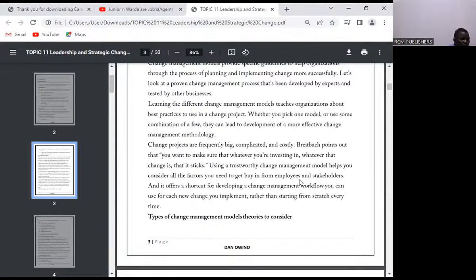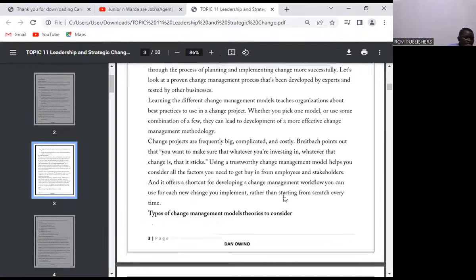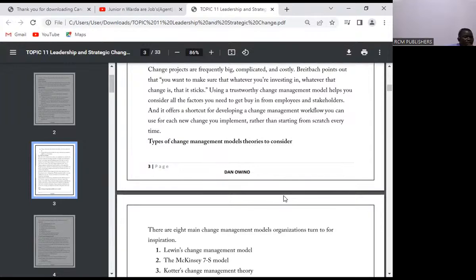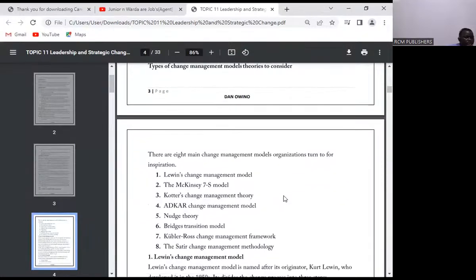Using a trustworthy change management model helps you consider all the factors you need to buy in from employees and stakeholders. And it offers a shortcut for developing a change management workflow you can use for each new change you implement, rather than starting from scratch every time.